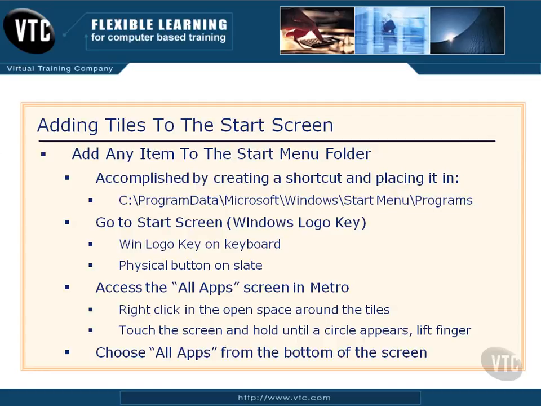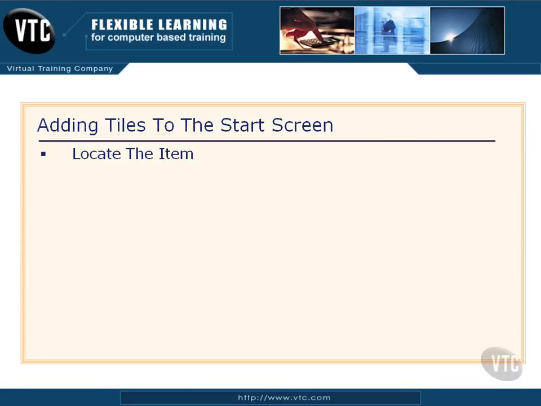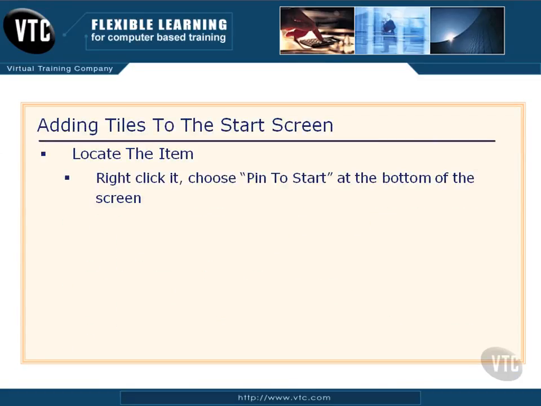And then on the very bottom right side of the screen, a little flyout menu will pop up, kind of like the old taskbar, and you will see a little icon down there that says All Apps. Just click on All Apps, and you're going to see a list of all applications that are out there in that start menu folder.